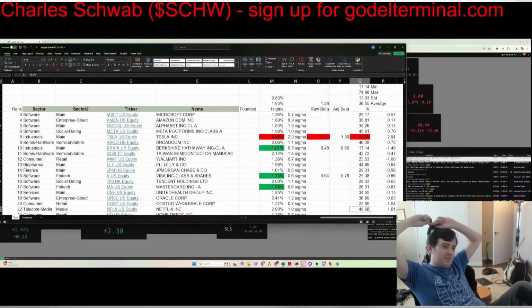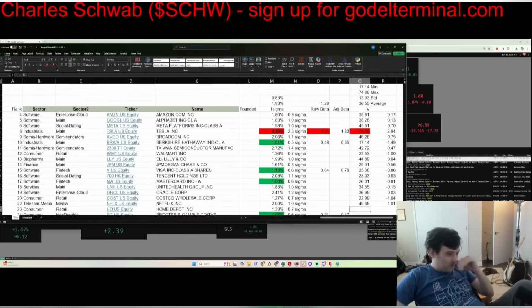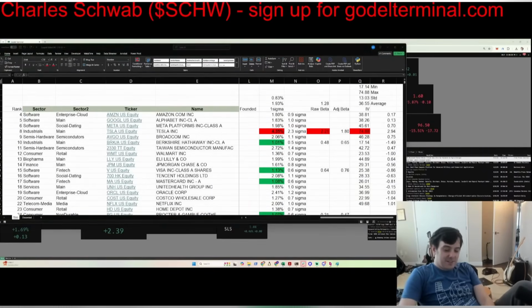And IonQ is 5 sigma. 5 sigma in the implied vol department. How nuts is that? 5 sigma. That's a once in a lifetime. But these aren't normally distributed, are they? They may not be so normally distributed.